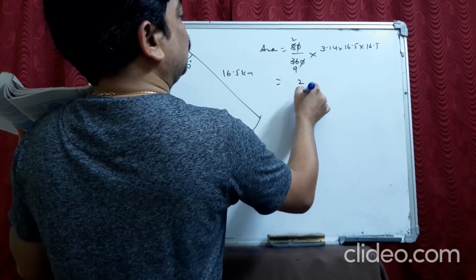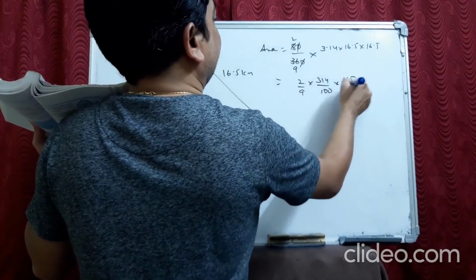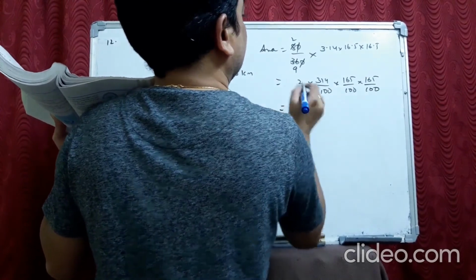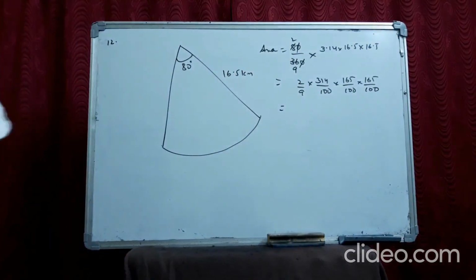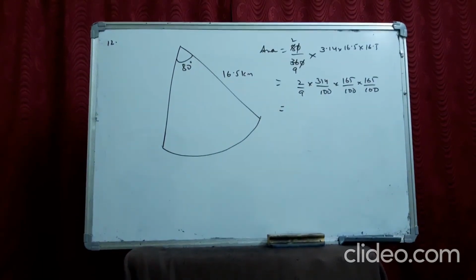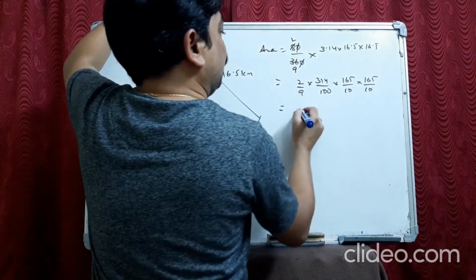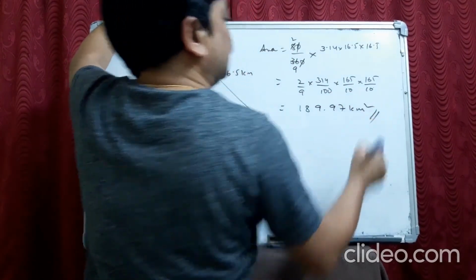I like to change it like 314 by 100, 165 by 100, 165 by 100. Let's calculate. So when you calculate this, it becomes 189.97 kilometers square after calculation.